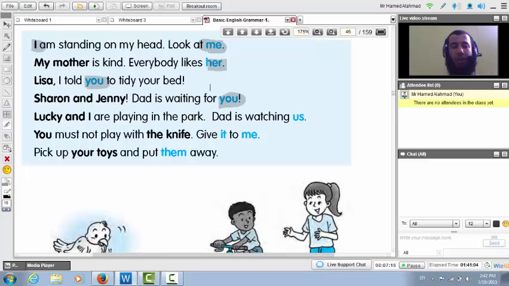So here we can take an important note that object pronouns should be preceded by a verb or a preposition.